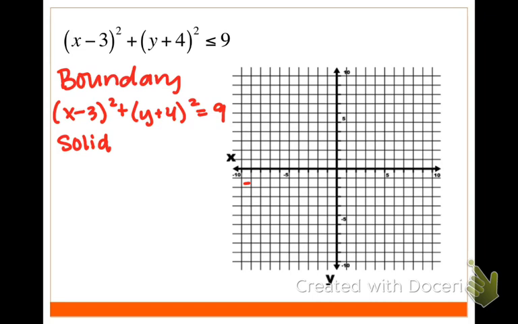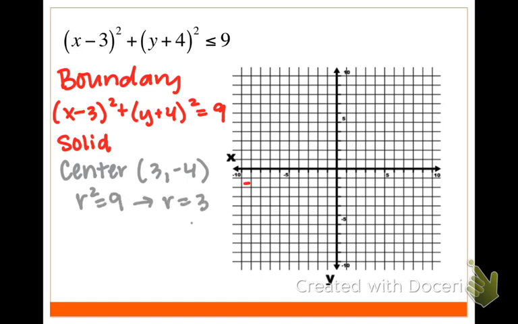So I've got my center point at (3, -4), because remember it's always x minus the x coordinate, quantity squared, plus y minus the y coordinate, quantity squared, and y minus negative 4 gives me that positive form, is equal to my radius squared. So my radius squared is 9, so my radius has to be 3.